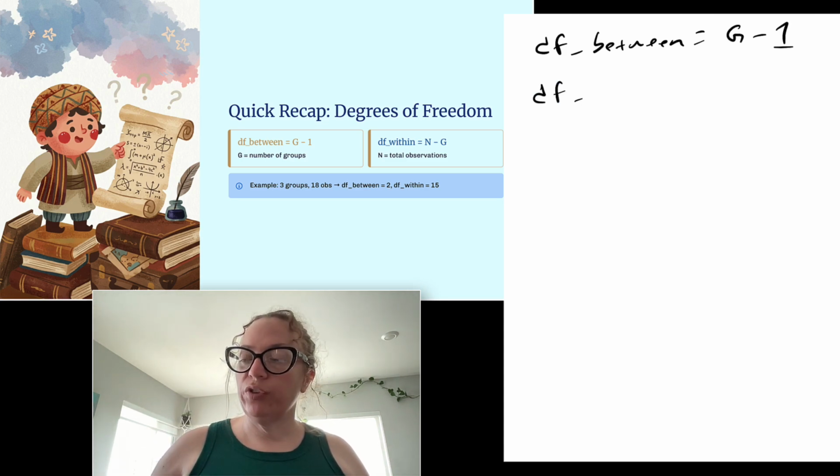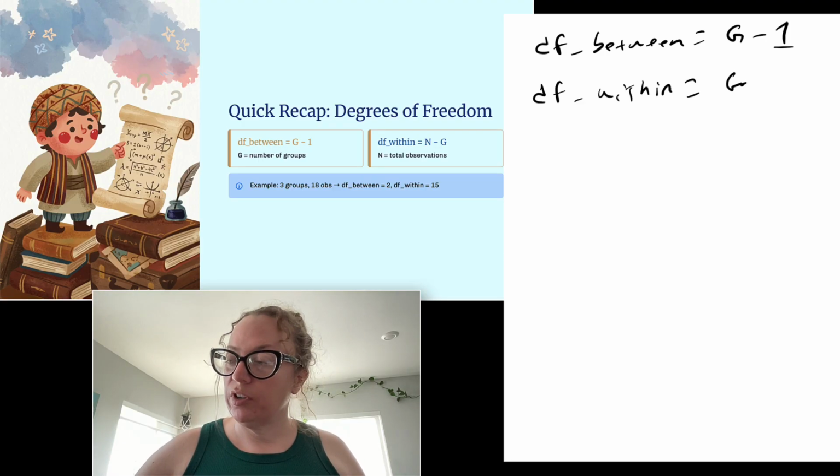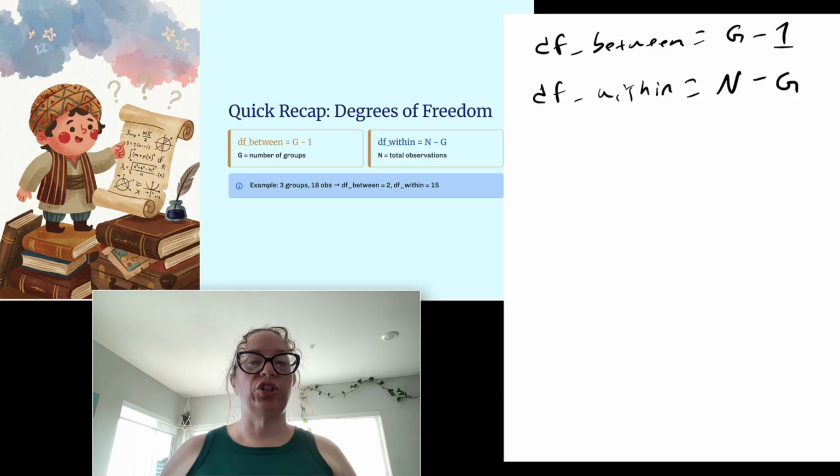And then the degrees of freedom within is slightly different: the total number of observations minus how many groups. So G is the number of groups. After estimating each group's mean, you'll have n minus G independent pieces of information left. So that's your degrees of freedom. If that's confusing, go back to the degrees of freedom video.